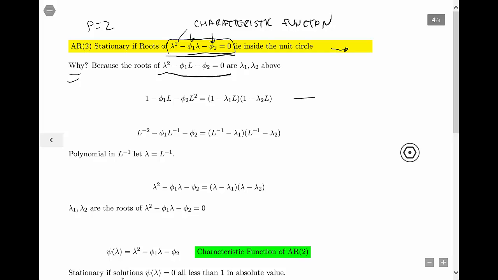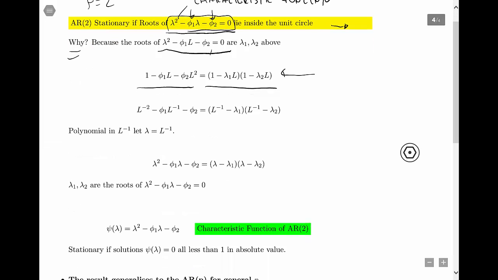Again, this is from the last slide. We can always factor this into this term here for some roots lambda 1 and lambda 2. So why are the roots of this equal to the roots here? Well, this behaves like a polynomial in L, so just divide both sides by L squared.